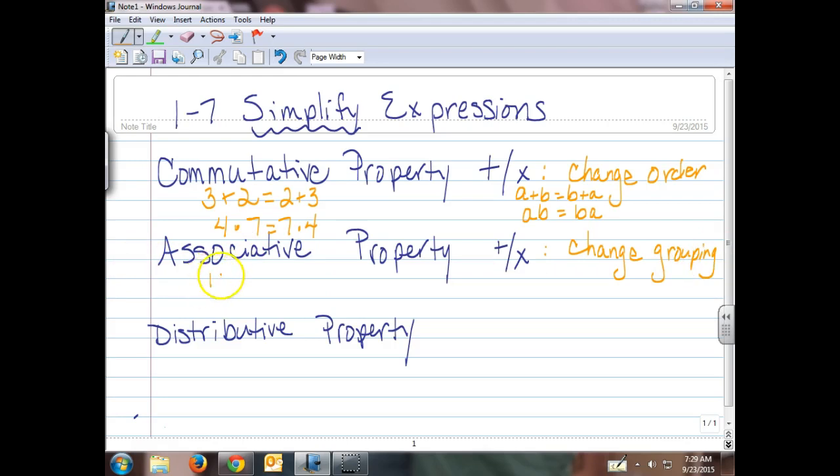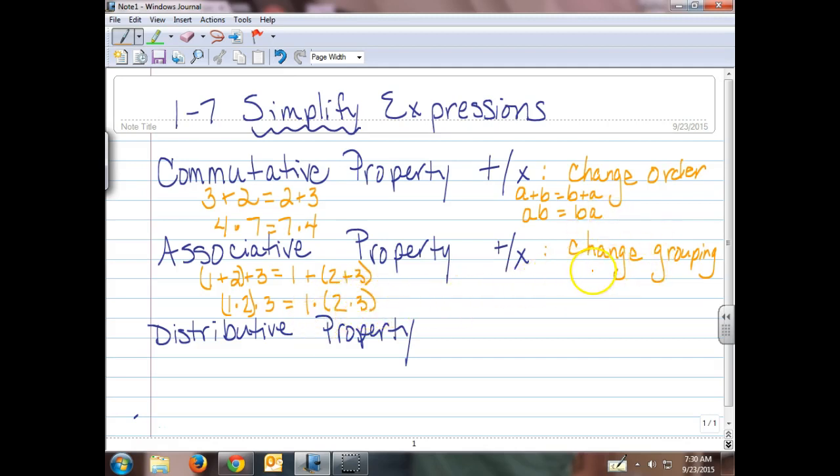So if I have 1 plus 2 plus 3, I can first add 1 plus 2 and then add 3, or I could add 2 plus 3 first and then add 1 to it. Same thing if I have 1 times 2 times 3, I can multiply 1 times 2 then times 3, or multiply 2 times 3 and then multiply by 1.